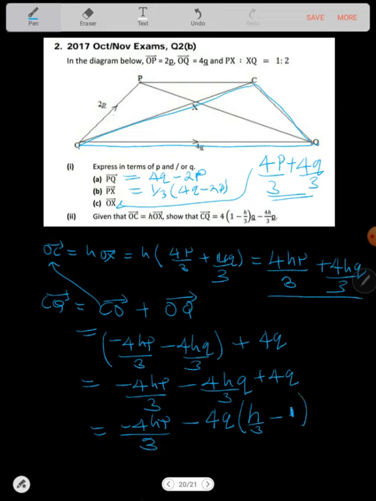Now they further simplified it and said 4 can remain this side, but there's a negative here. When you multiply negative and negative you get positive. So we have 4 times 1 minus H, over 3. Then this one is already negative, so I'll just bring it here: HP over 3. And there you have it shown, apart from the mistake that I made earlier.